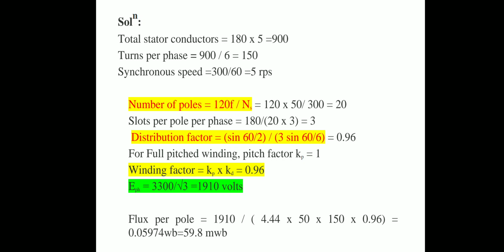We know EPH is given by 3300 divided by root 3, which comes to 1910 volts. Now flux per pole will be equal to 1910 divided by (4.44 into 50 into 150 into 0.96), which comes to 0.05974 Weber, approximately 59.8 milliweber.